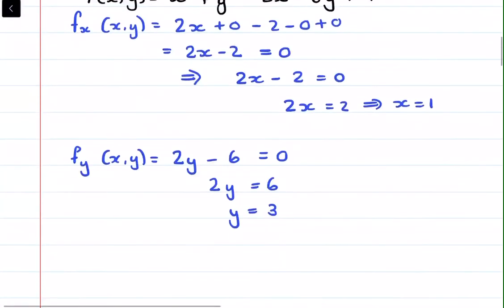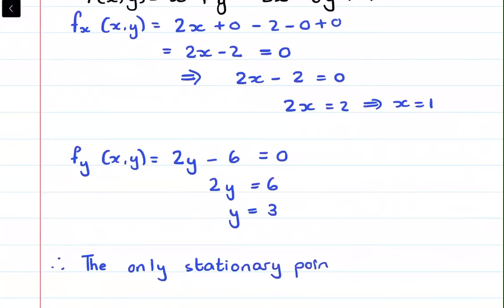So therefore, the only stationary point or critical point is (1, 3). Remember that this is evaluated at (x, y); it is not the value.